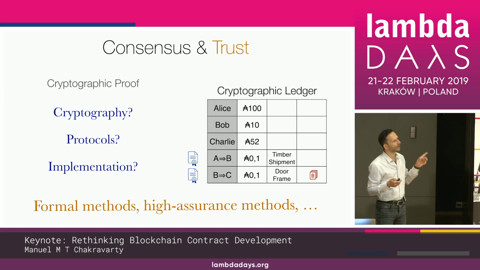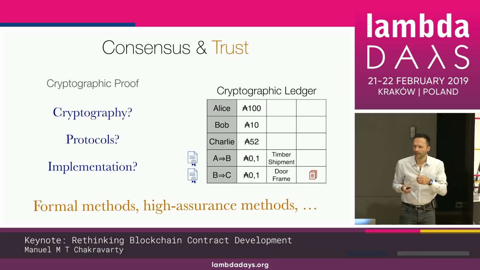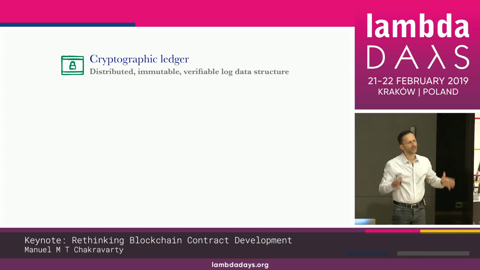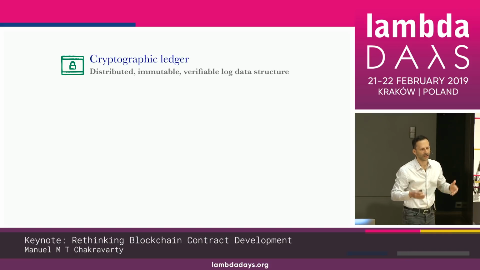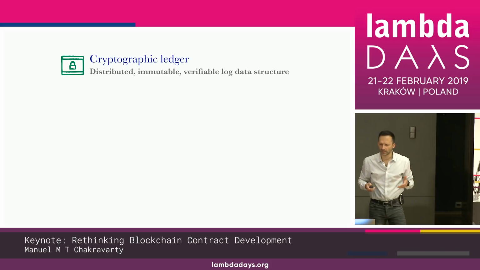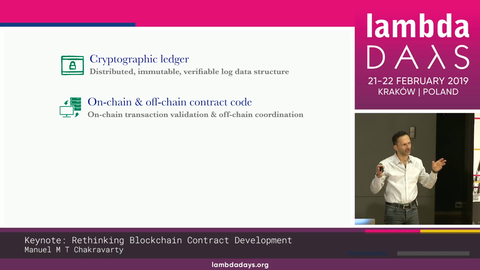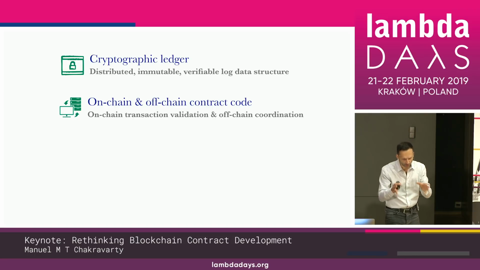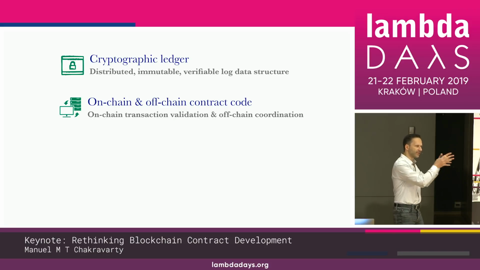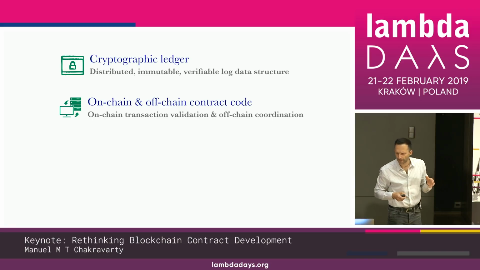All right, so to summarize, we are creating a cryptographic ledger as a distributed log immutable data structure. In order to do something more interesting than just pushing money around, we need some computing facilities which are split between computing which happens on the blockchain creating servers and do some validations of transactions and also some client-side computation.